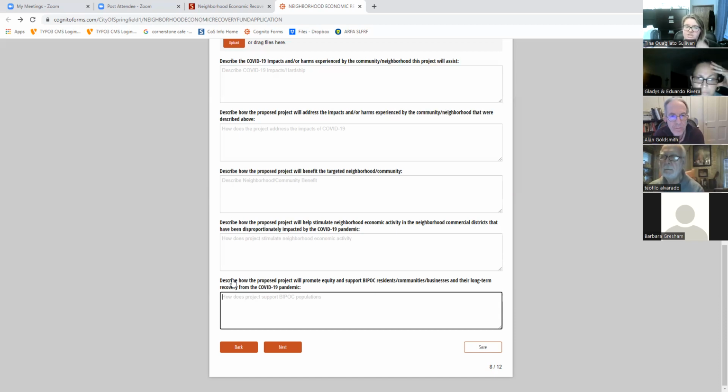Maybe you're an organization that's thinking about doing a digital equity project, and the low-income and folks of color in your neighborhood don't otherwise have great access to computers or good knowledge of how to use computers to improve their business acumen, all of those things.